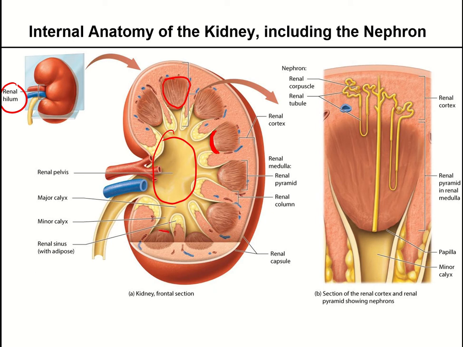Because we're going to take 2 of these minor calyces and we're going to merge them into this portion right here, these will be minor calyces and this will be a major calyx. This rectangle I'm drawing here, this region will be a major calyx because they're going to merge before they get to this pelvis, renal pelvis region.